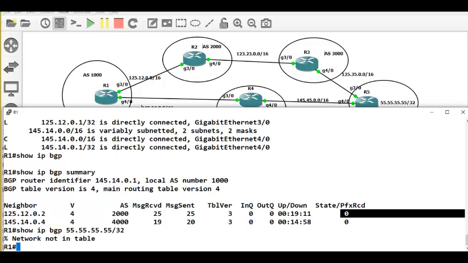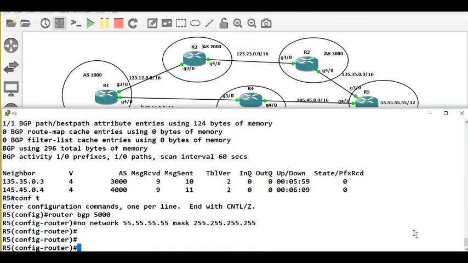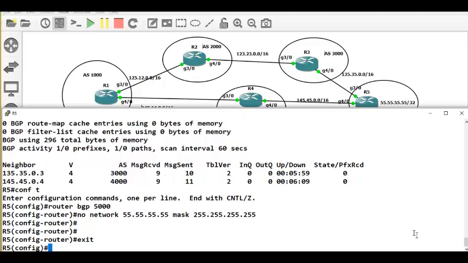So I'm going to redistribute now instead of advertising. How will I do that? I can say redistribute connected, then it will advertise all the connected networks. Or I can do like this.